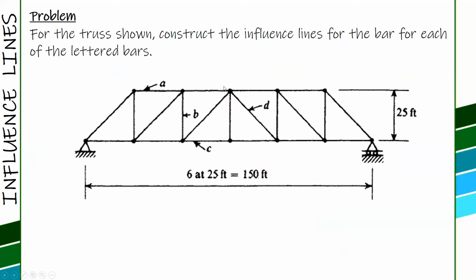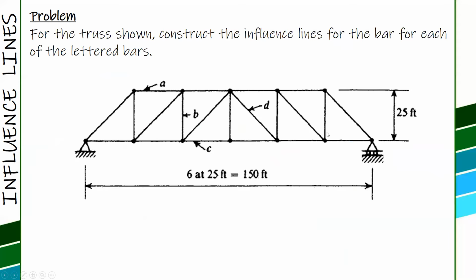Another one. For the truss shown, construct the influence lines for the bar for each of the lettered bars. I will be showing the solution, the influence lines for members B and C only.